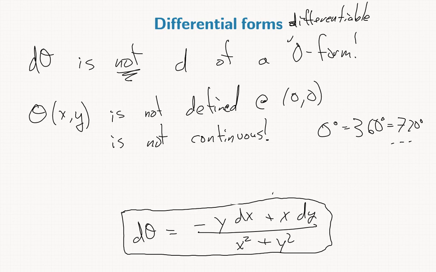So if you go around a circle, your theta value will go from 359 degrees to 0 degrees, which isn't continuous.